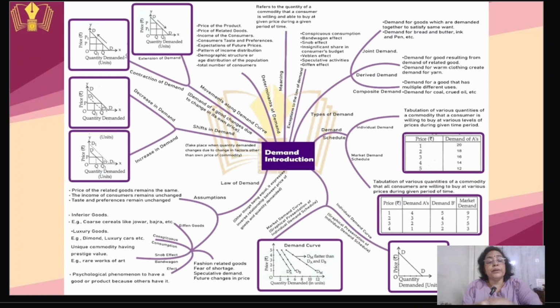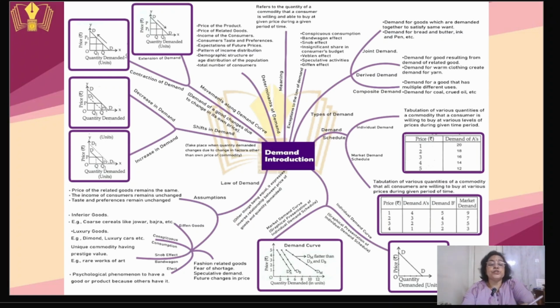It's a downward movement. But when the price increases, then what happens? The quantity demanded decreases. Price increases from this to this, quantity demanded decreased. So we don't use the term decrease over here, we say contraction in demand.